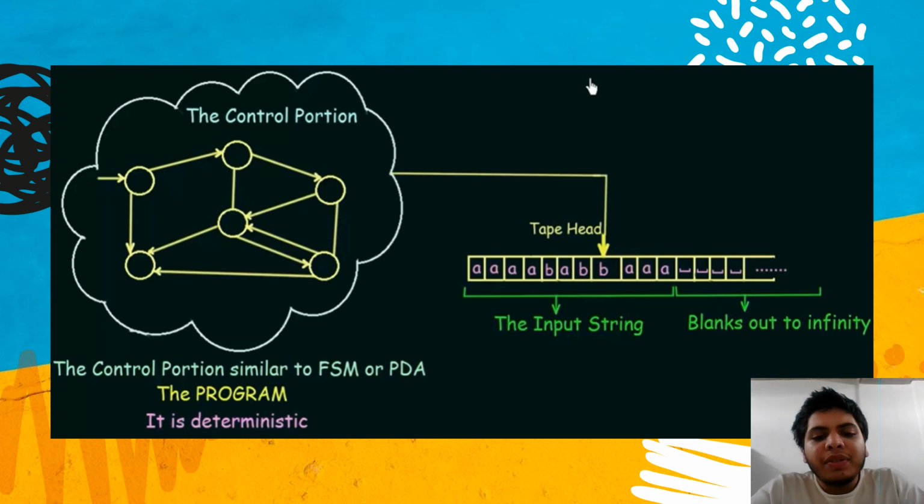Why do we do this? Because our tape is an infinite sequence, so we don't want to leave the empty cells blank. Instead, we fill them with special symbols known as blank symbols, and it goes out to infinity.